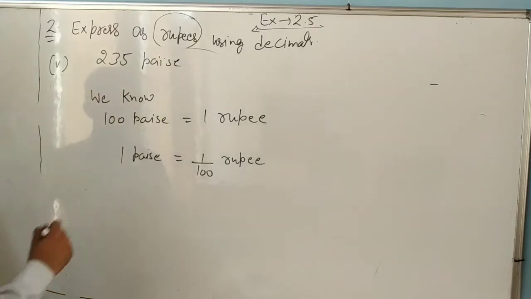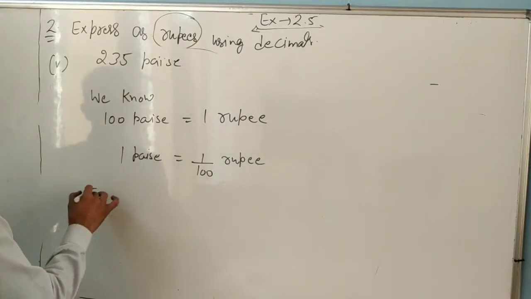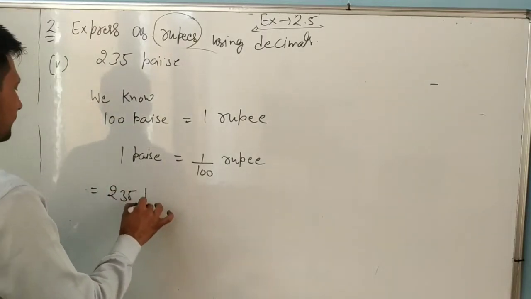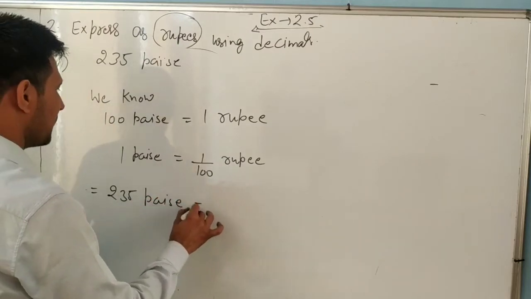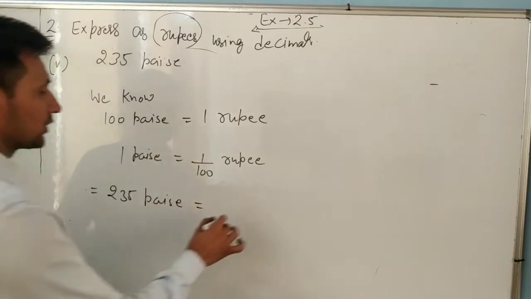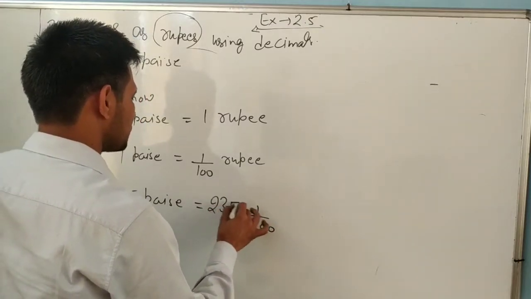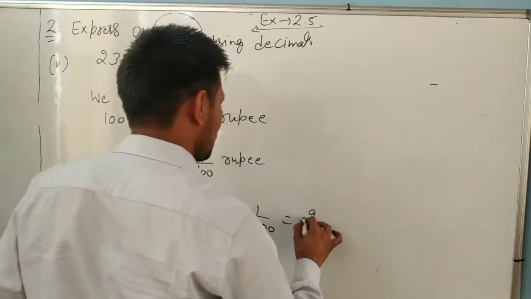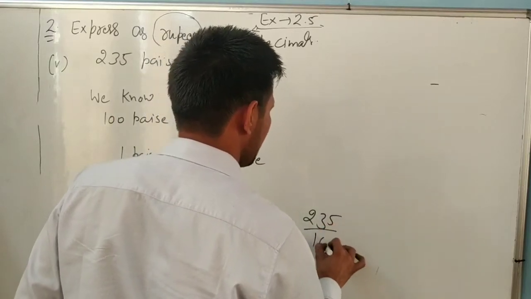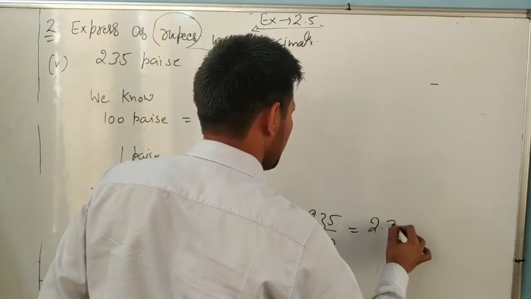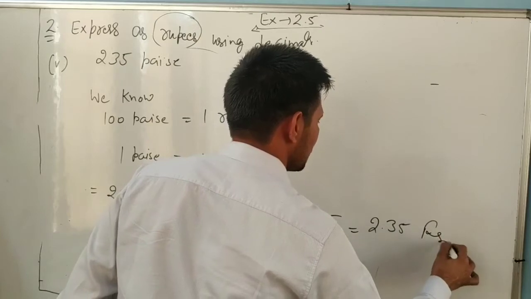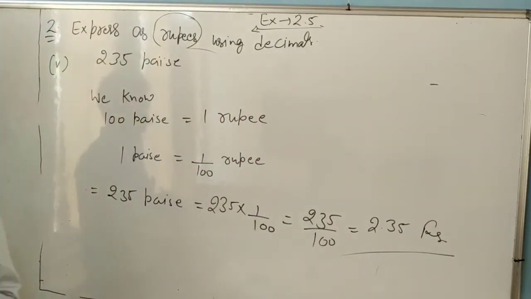We know 100 paise, so 235 paise, 1 paise equals 1 by 100, into 235. So 235 divided by 100 means 2.35 rupees is the answer. Okay.